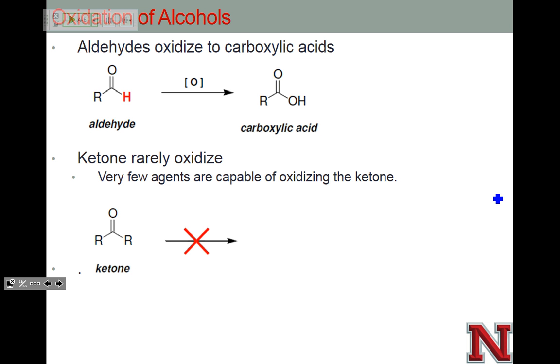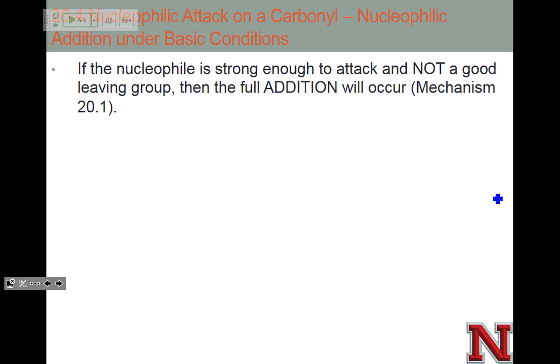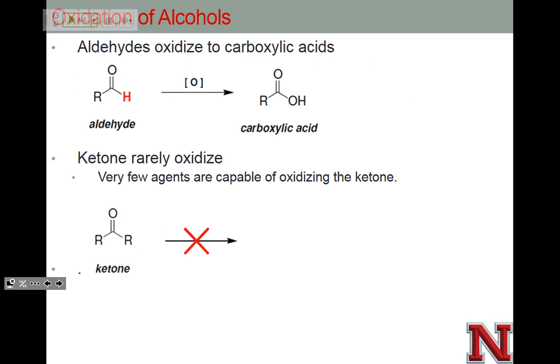But it will also oxidize the aldehyde. But the ketones rarely oxidize further because we don't have a hydrogen there. You have to have very different types of oxidizing groups to oxidize that ketone. And again, that's a bit of what we'll be talking about in this class.